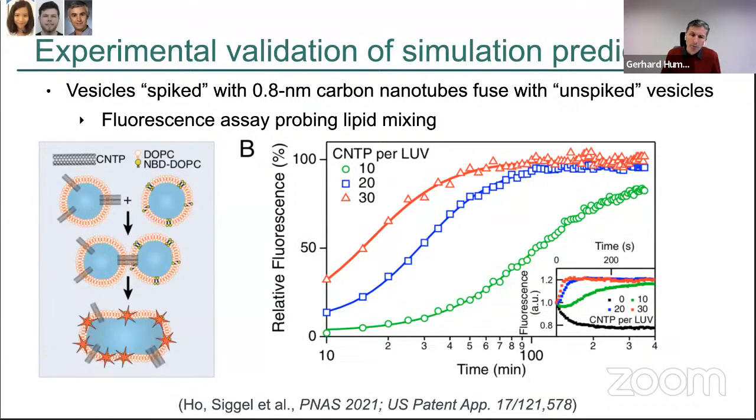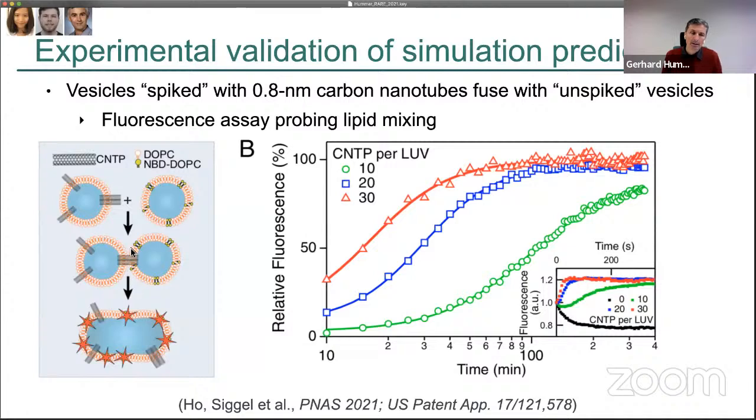And just very briefly here, the basic idea of the experiment is to load a lipid vesicle with a fluorescent dye. In this case, this is a self-quenching dye. That means that above a certain concentration, when these molecules are quite close in space, fluorescence is suppressed by the interactions between the dyes.